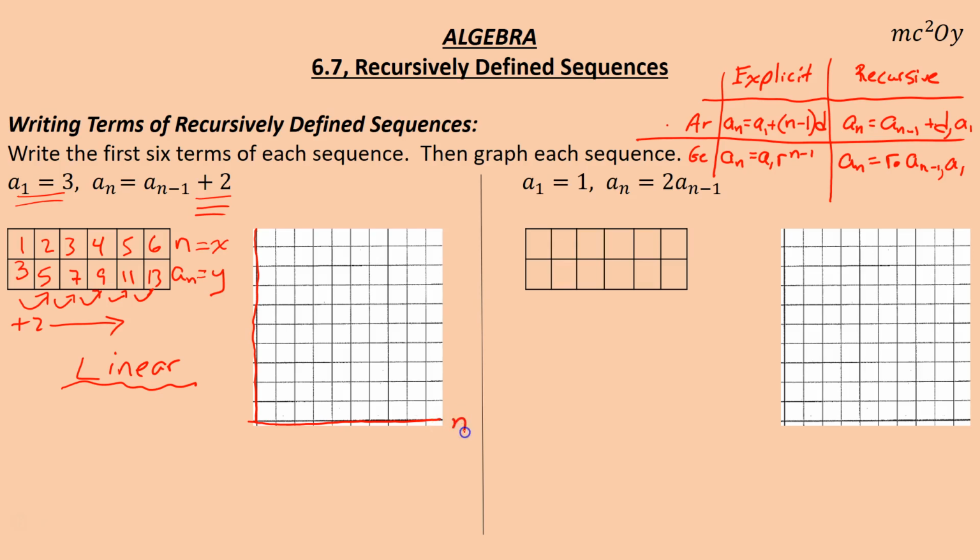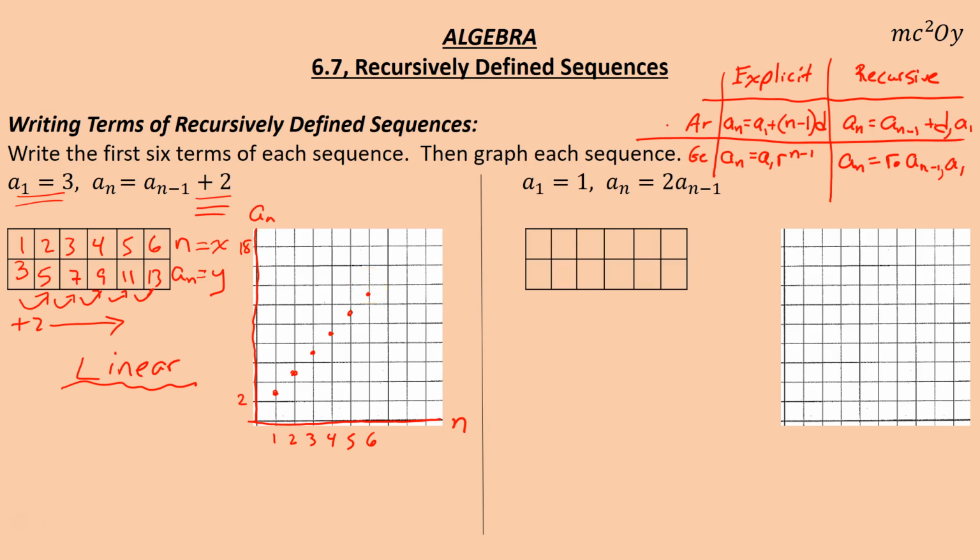So when I'm graphing this, that's my n axis, and that's my a sub n axis. I have my 1, 2, 3, 4, 5, and 6. And then I'm not going to have enough if I go up by 1, so I'm going to go up by 2. So this will be 18 right here, and that would be 2. So 1, 3; 2, 5; 3, 7; 4, 9; 5, 11; and 6, 13.